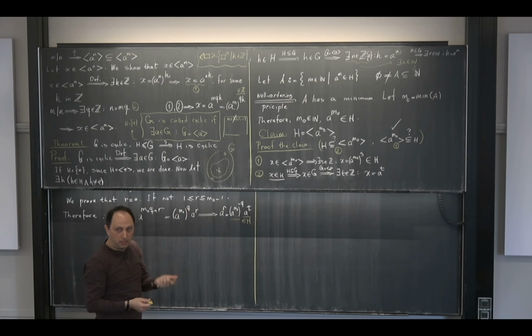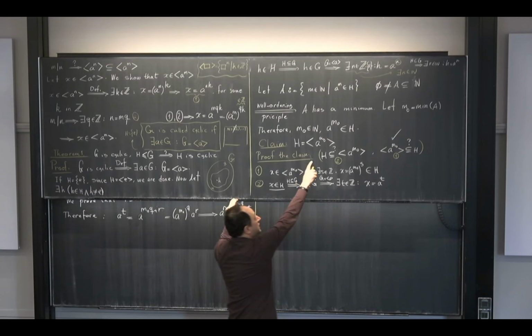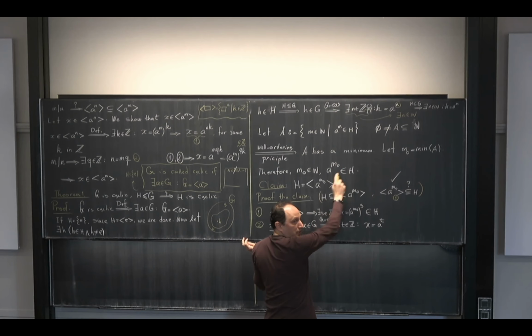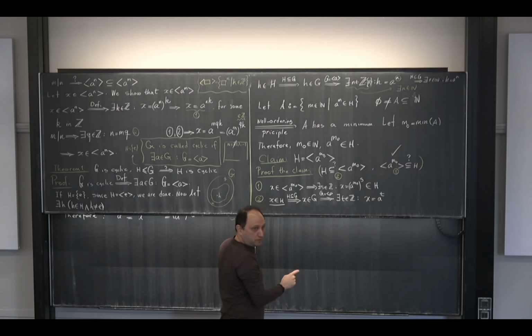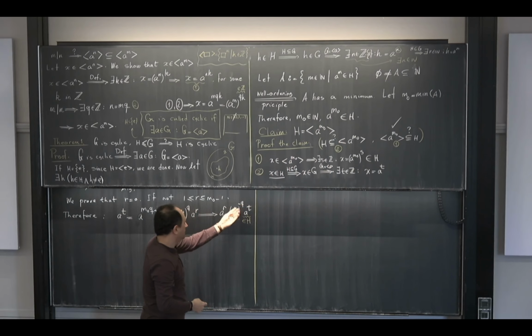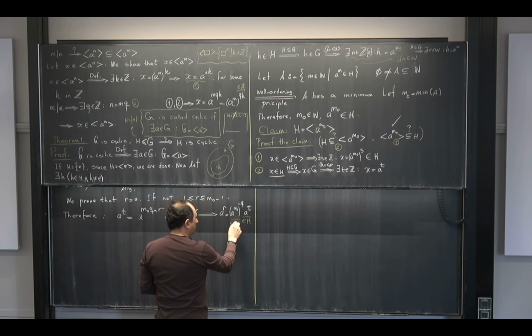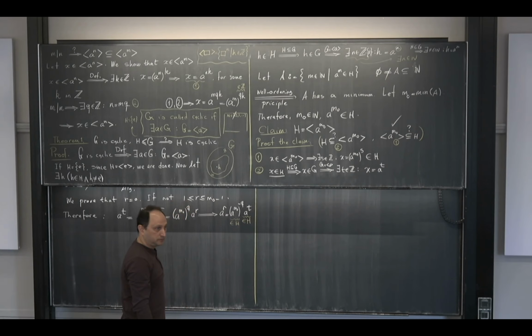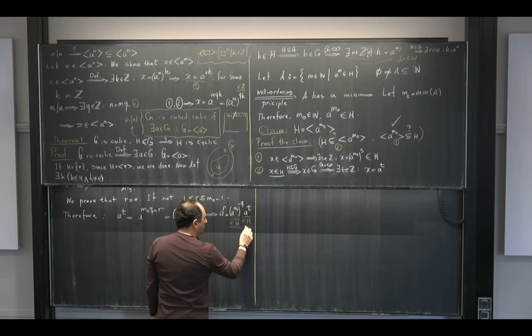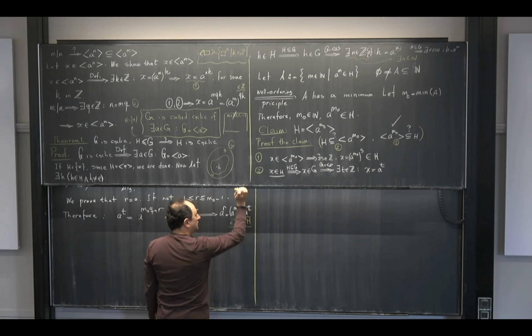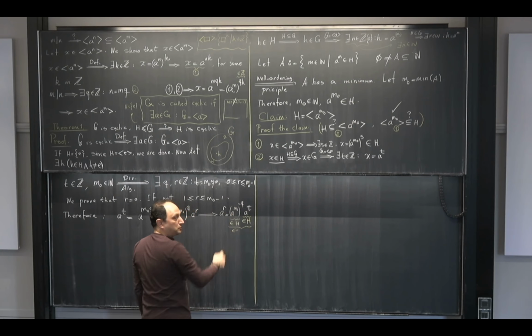Also in H. Why? Because a to the m naught is in H. H is a subgroup, so it is closed under integer powers. So this is also in H. So where will this multiplied by that be?